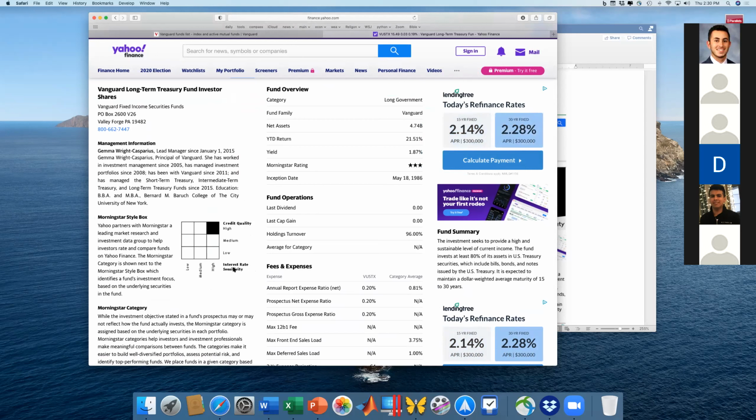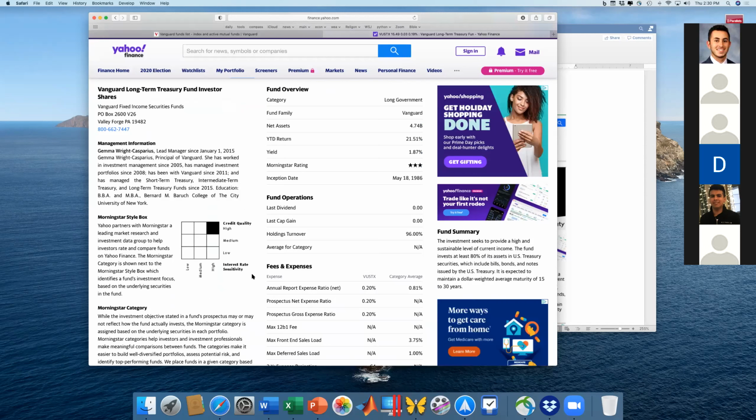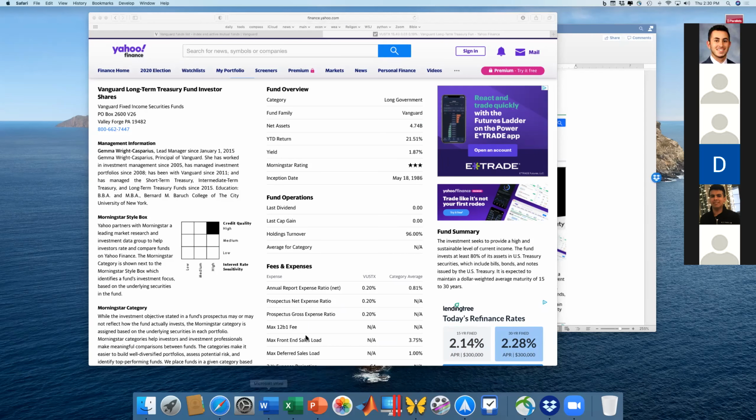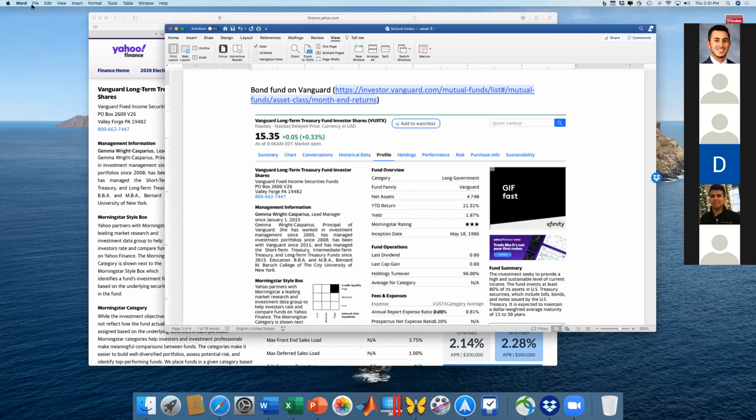The Morningstar box in this case is different than for stocks, which had a different arrangement where you were looking at the size, the cap of the stock, and whether it was value, blend, or growth. Here we are looking at credit quality and interest rate sensitivity. Both of those say something about variability of yields and the yield itself in the future. And I'm just going to write this down right here.